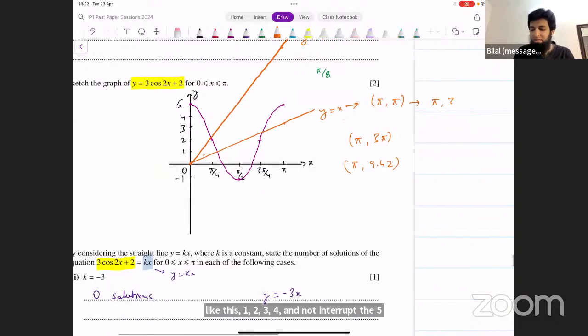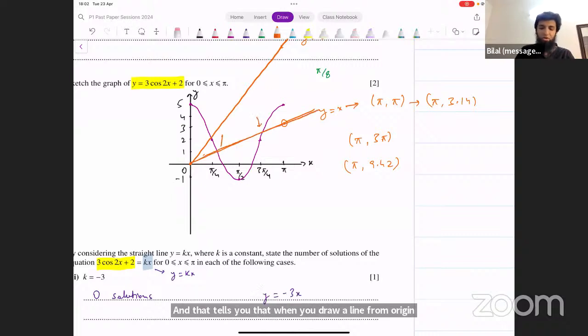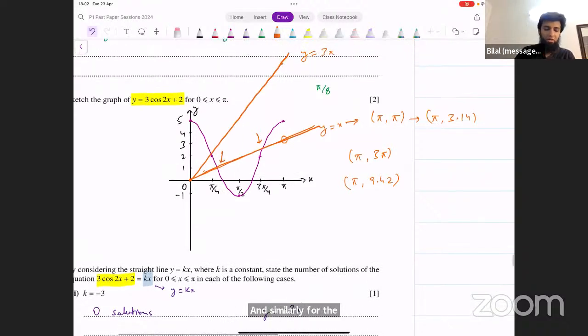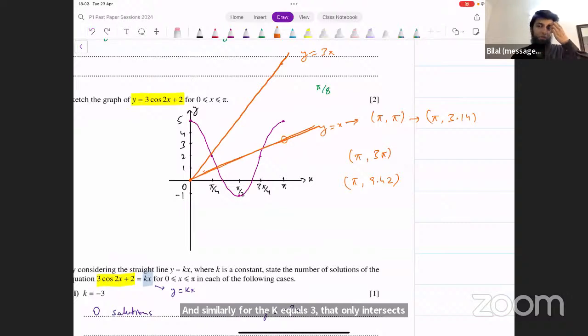We can say this point is basically 3.14. Let's mark that point. That point came out to be here. And that tells you that when you draw a line from origin like this, it intersects the curve at 2 points. And similarly, for the case when k equals 3, that only intersects at 1 point. So you say in the second case, you've got 2 solutions. In the last case, you've got 1 solution.